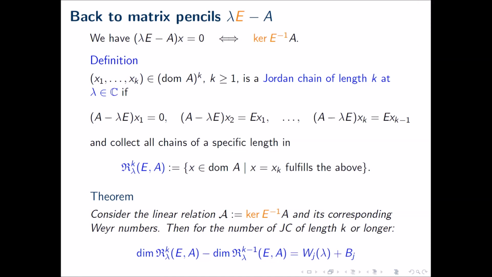And this was the regular part of my canonical decomposition, the Jordan blocks. And this Bj comes from the singular part, and we have this identity.